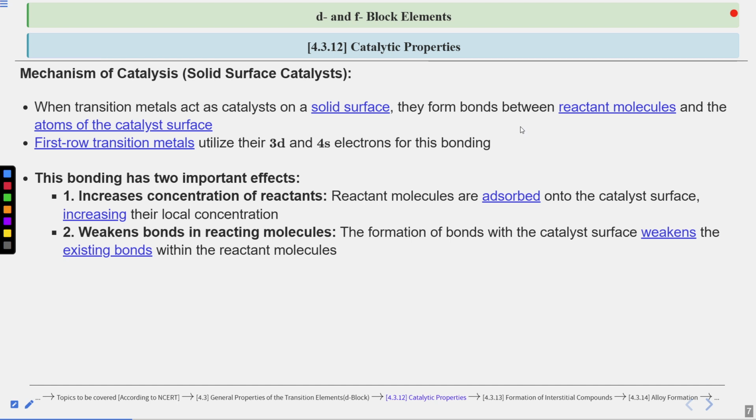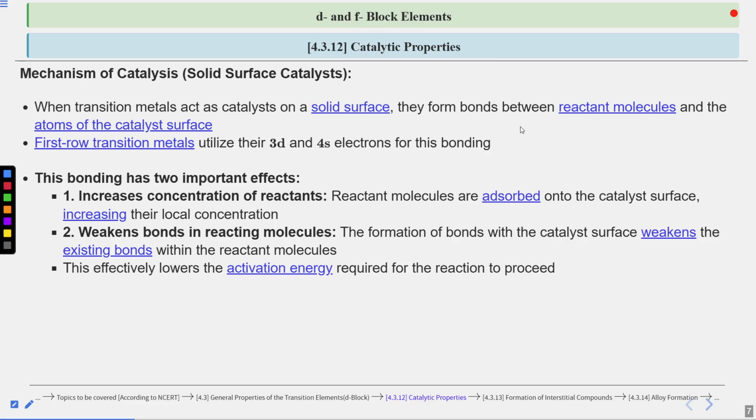The formation of bonds with the catalyst surface weakens the existing bonds within the reactant molecules. So when reactant molecules interact with the atoms on the surface of the catalyst, the bonds present among the reactants are weakened.